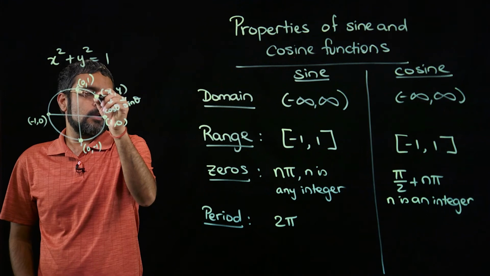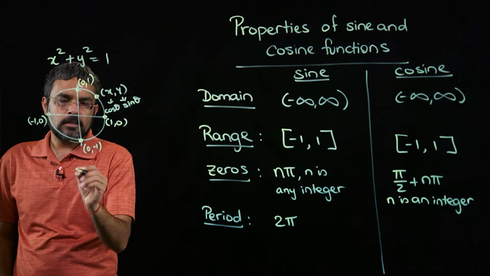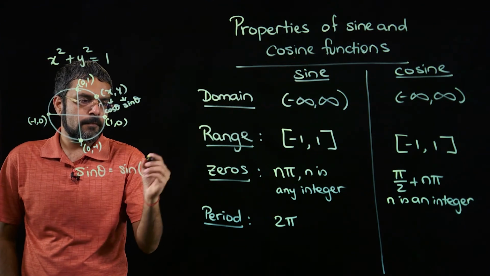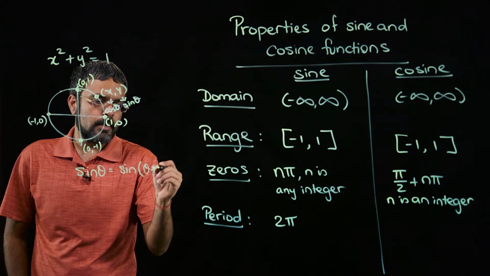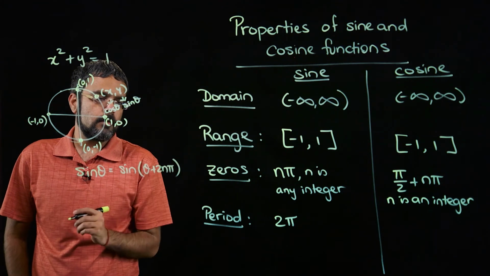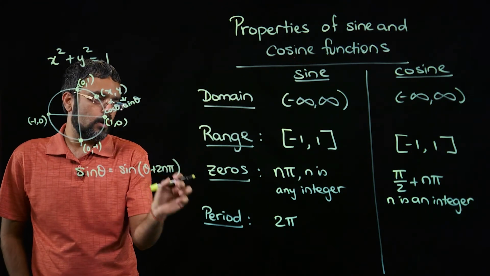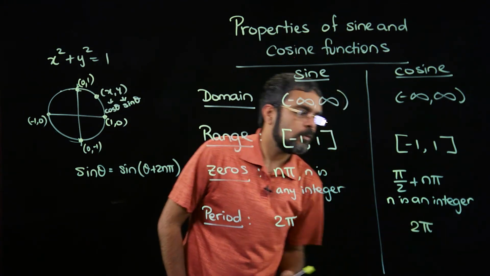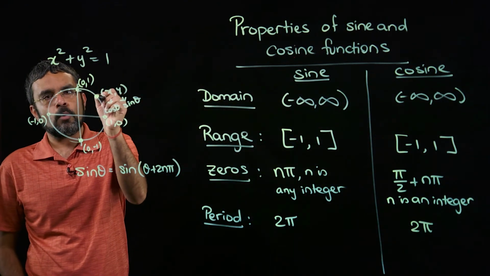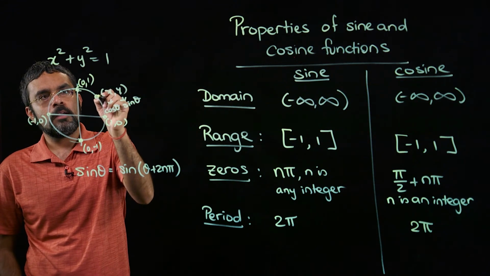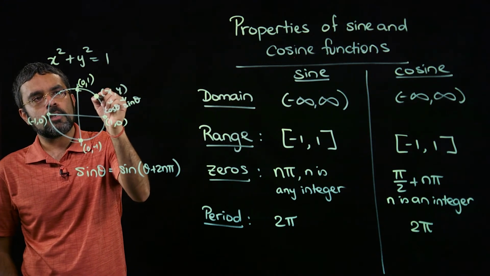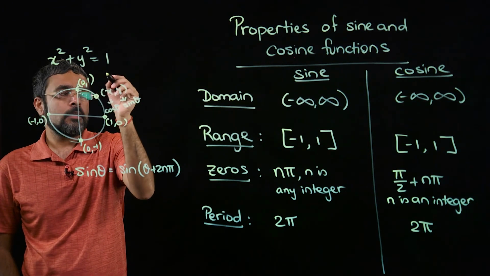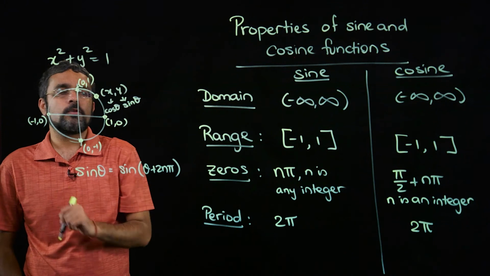So sine of theta is going to be the same as sine of theta plus 2n pi. That is your period for the sine function. Same for the cosine function, my period is 2 pi, because if I add 2 pi to this point, I come back to the same value. This terminal point is going to repeat every 2 pi, so I'm going to have the same values for sine and cosine every 2 pi.